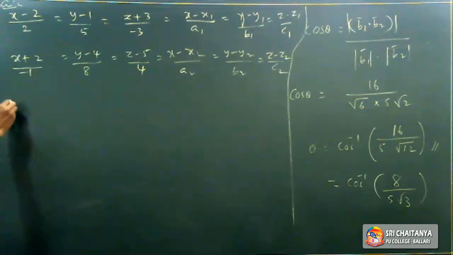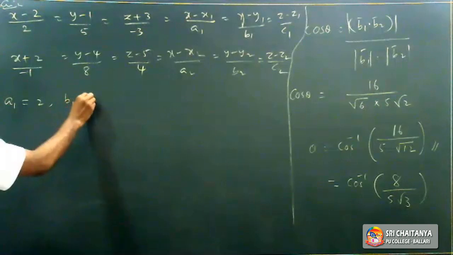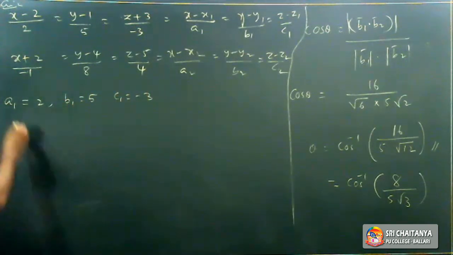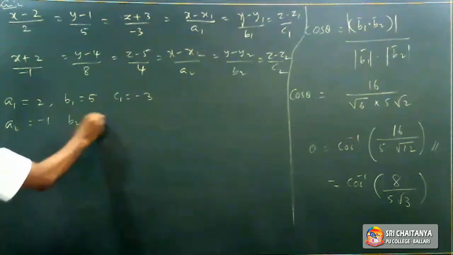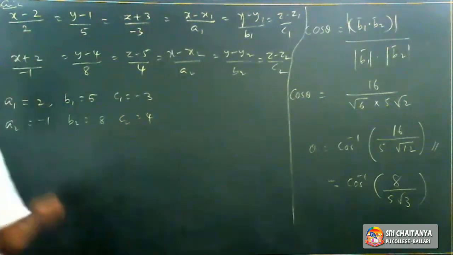You are going to get a1 is equal to 2, b1 is equal to 5, c1 is equal to minus 3, right? And a2 is equal to minus 1, b2 is equal to 8, and c2 is equal to 4.